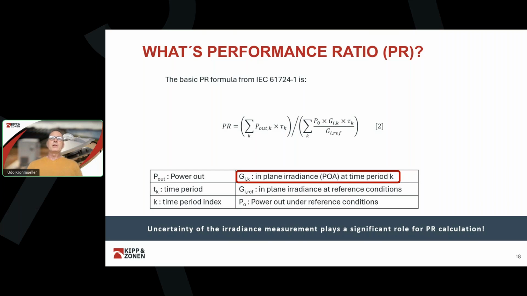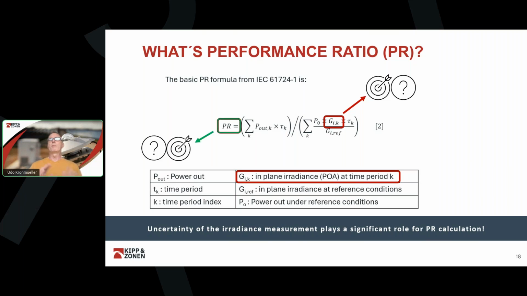So in general, performance ratio is defined by the difference between the actual energy yield of a PV plant and the expected energy based on module type and environmental conditions like irradiance and temperature. So this basic formula is about how performance ratio is calculated. There are even more complicated formulas like for temperature corrected performance ratio or bifacial performance ratio. So let's stay with this one. This is complicated enough, I would say.